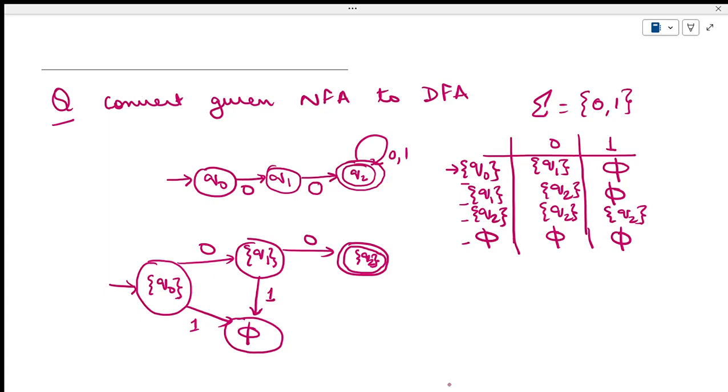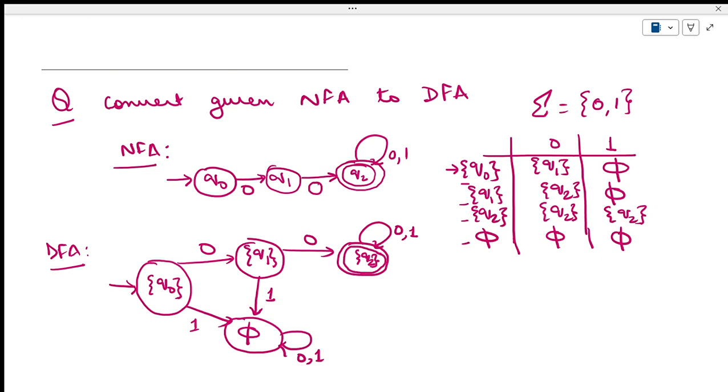Now Q2 on reading 0 is going to Q2. Q2 on reading 1 is also going to Q2. Phi on reading 0 or 1 is going to phi. So now this is the DFA. This was the non-deterministic finite automata. The equivalent deterministic finite automata for the given diagram is this.